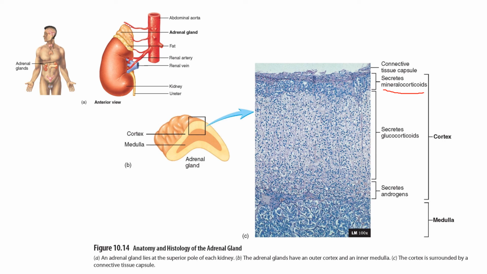Okay, and then the middle part secretes glucocorticoids, and the innermost part of the cortex secretes androgens. Okay, so please take note which part of the cortex secretes which type of secretion. Okay?